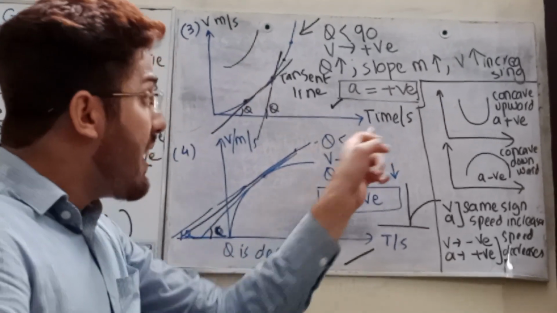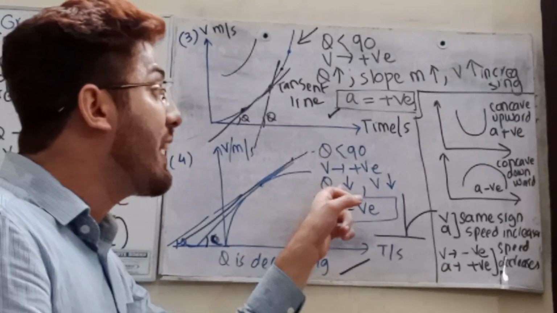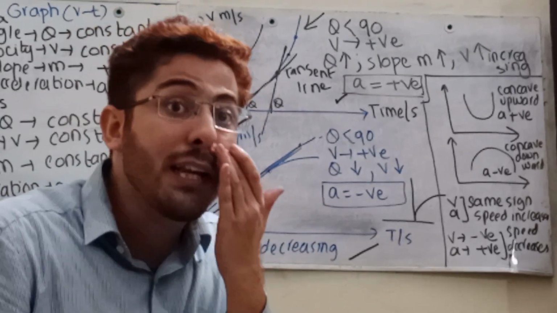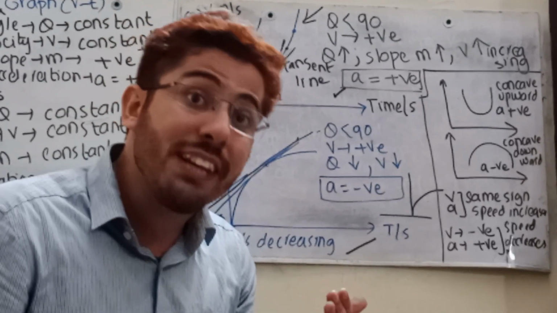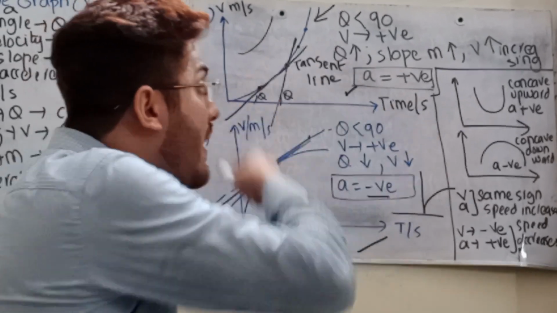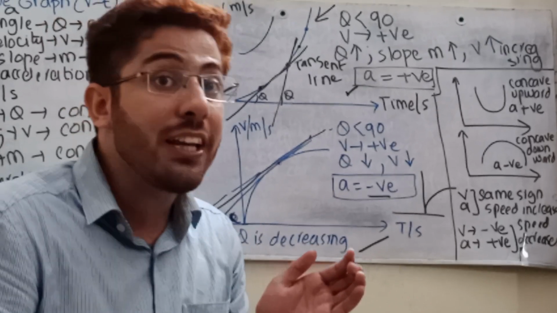Angle again less than 90, velocity will be positive, but theta is decreasing. If theta is decreasing, it means that velocity will be decreasing, and if the velocity is decreasing, definitely acceleration will be negative. This is the basic concept where theta is increasing or theta is decreasing.